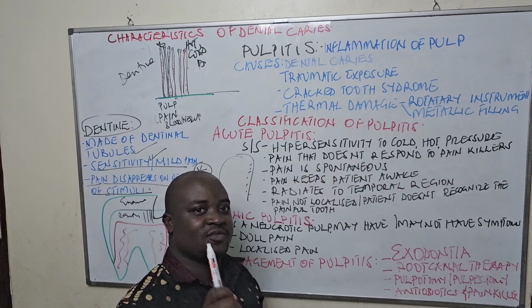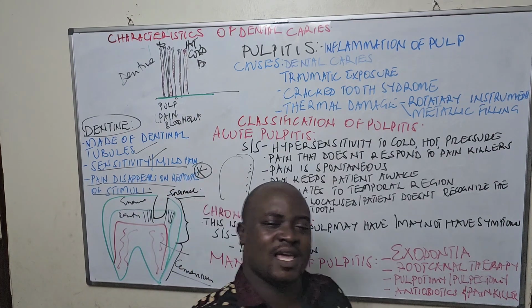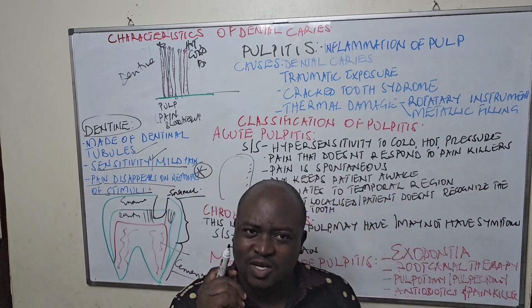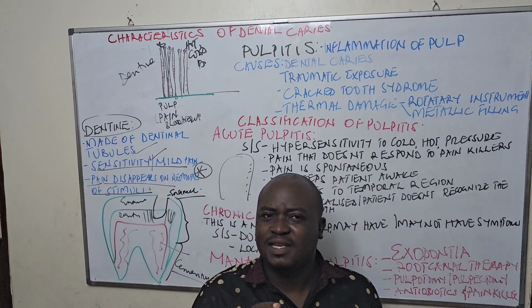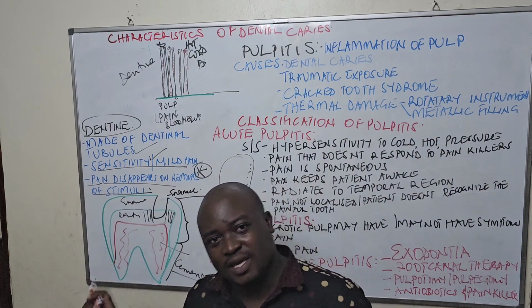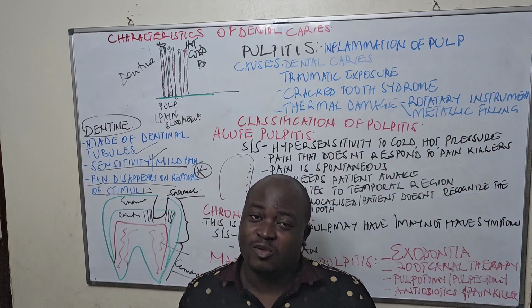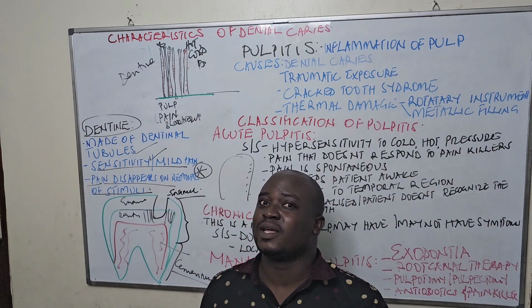This is very important. They may trick you in any way, but once you notice that the pain is in one place, and the pain is disappearing on removal of a stimulus, you shall know this is what?